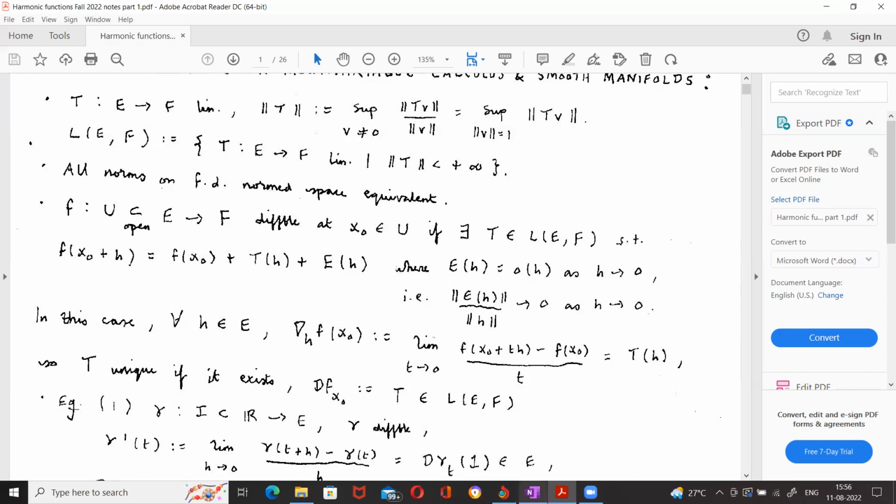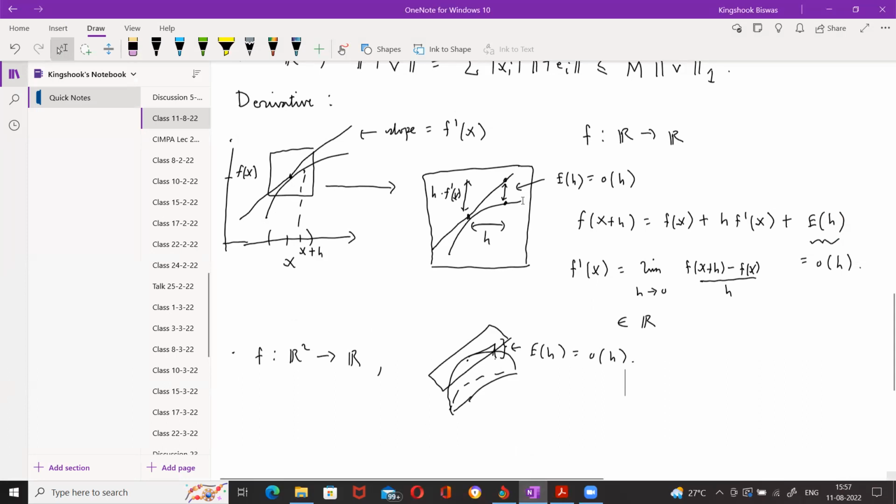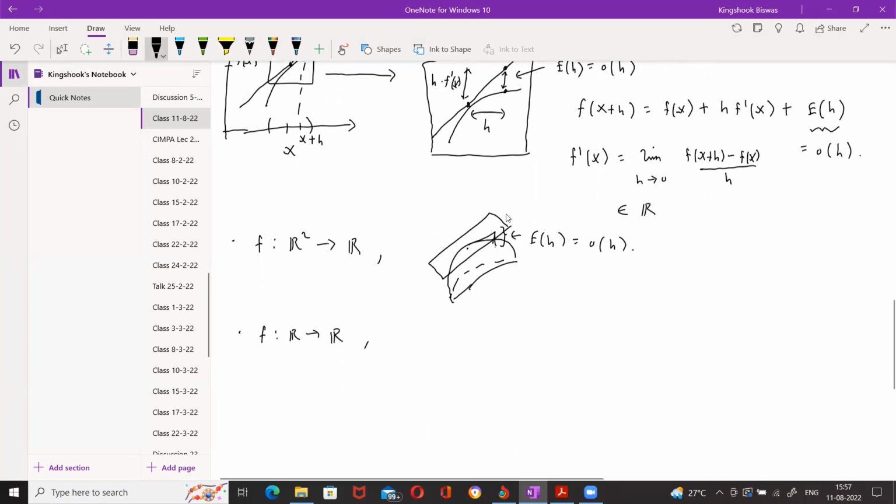Okay. So how do we reconcile this with the usual derivative of a map from R to R? So here what happens is, for f from R to R, we have f prime of x is a real number, and df at x is a linear map from R to R. Okay.